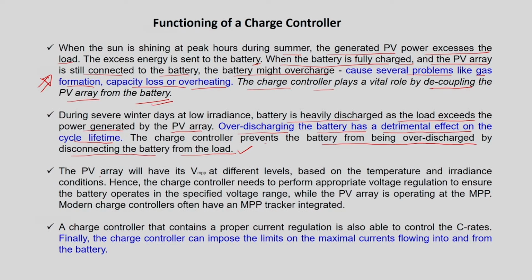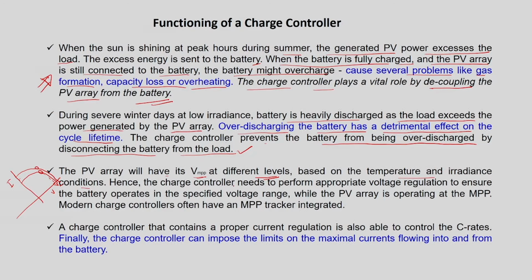Now, this PV array will have its MPPT, maximum power point, at different levels. As you can understand, if we remember this IV characteristics curve, this may be one irradiance and this may be another irradiance value. So, this value will change as irradiance changes. So, the PV array will have its maximum power point at different levels based on the temperature and irradiance conditions.